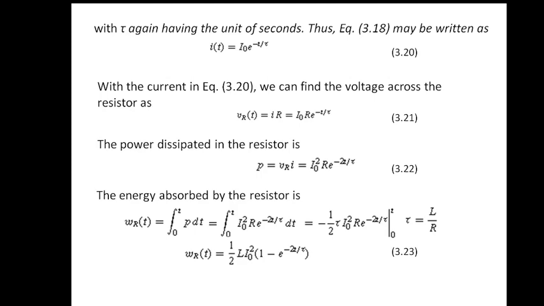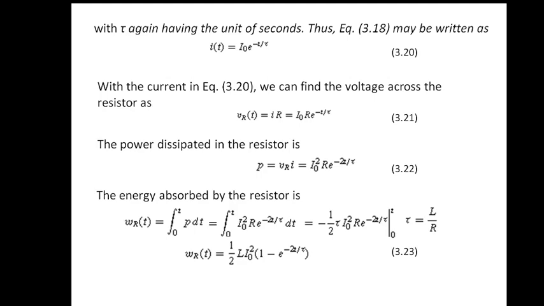Here we can see, if time t tends to infinity, what value will you get? Half L i naught square into 1 minus, how much? It is 0, so 1 minus 0 is 1. Therefore, WR of t equal to half L i naught square.